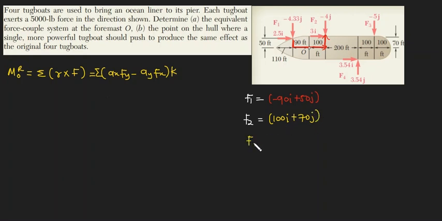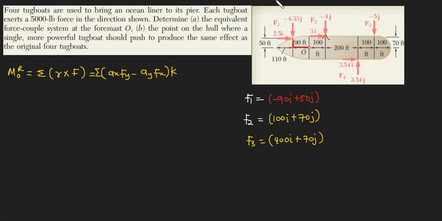So let's look at F3 also. For F3, you're going to move a distance of 400 feet in the y-axis direction. And then for the last force, let me clean what you have here.